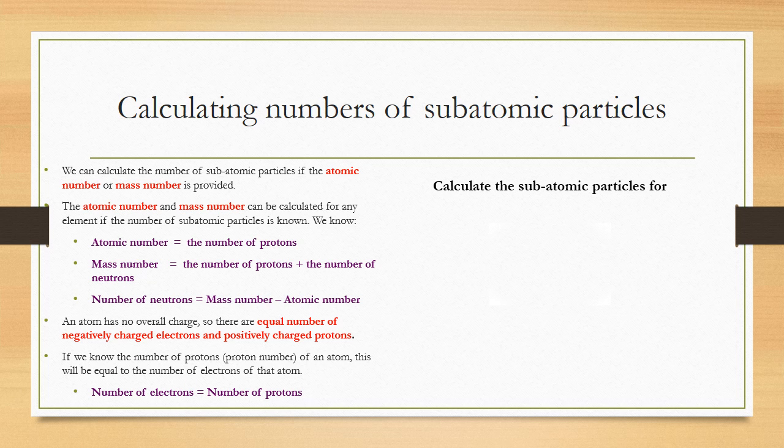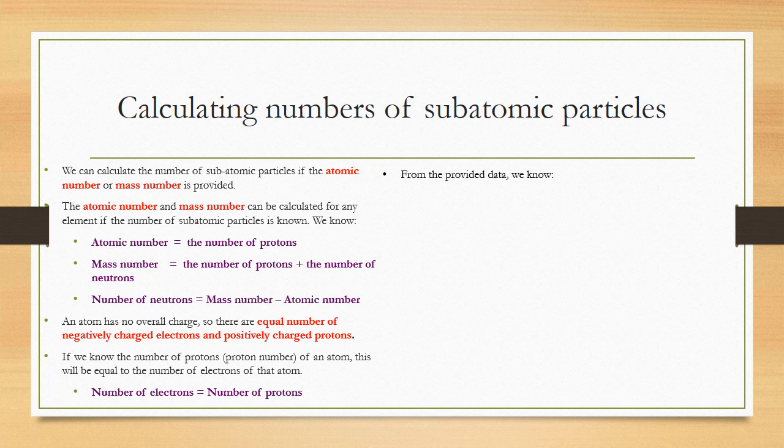So here is an example that I want you to do. Uranium-235. Work out from the numbers given what the number of protons, neutrons, and electrons are. This is how we do it.